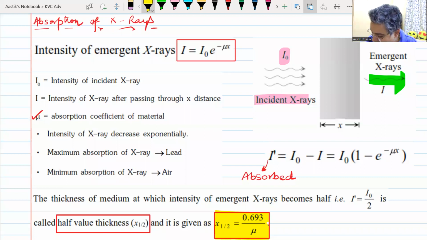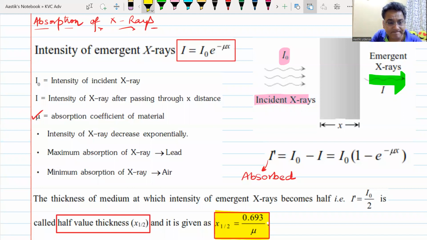No idea, sir. You have no idea who discovered these X-rays? Okay. These X-rays were discovered by a scientist, obviously. Accidentally, probably. He had no idea what these rays are, and hence he gave it a name.